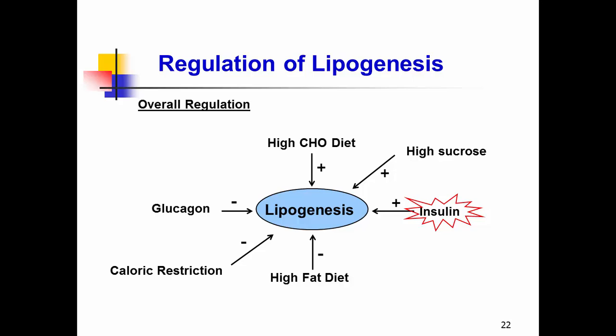Insulin directly regulates lipogenesis. On the other side, glucagon, which is increased in fasting conditions, inhibits lipogenesis, which makes sense. And calorie restriction and high fat diet are negative regulators of lipogenesis. They all inhibit lipogenesis, right? This is just a general picture of the overall regulation of lipogenesis.